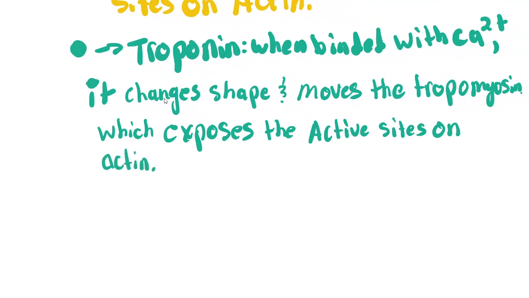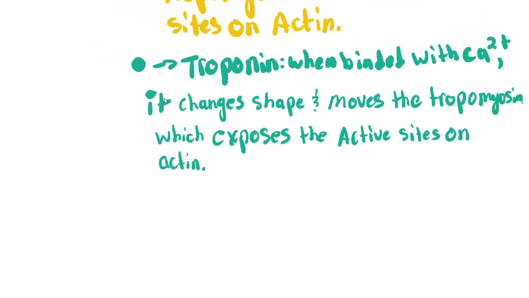The moment that it exposes those active sites, that's when the myosin is able to attach or link up to the active sites on the actin in order for contraction to happen.